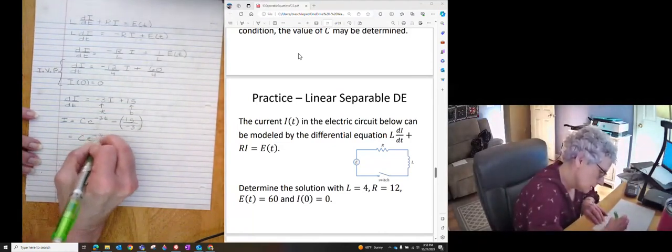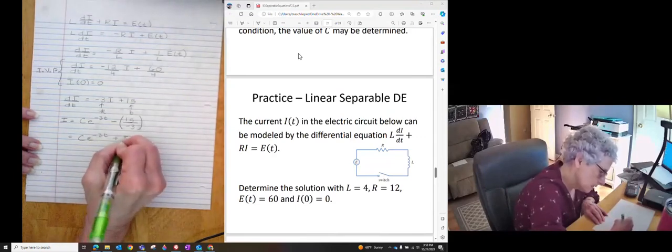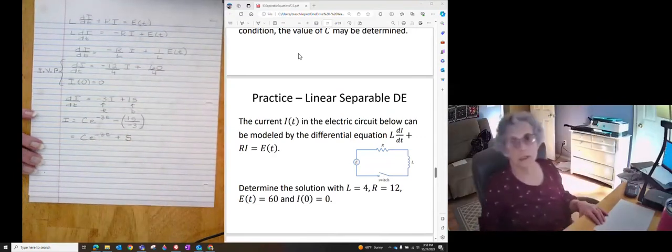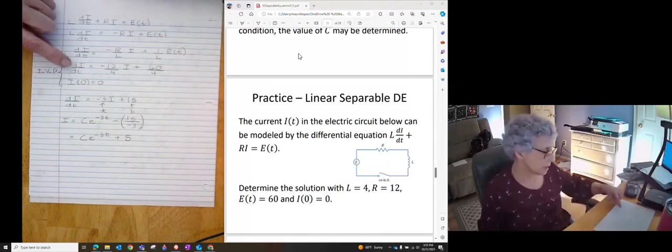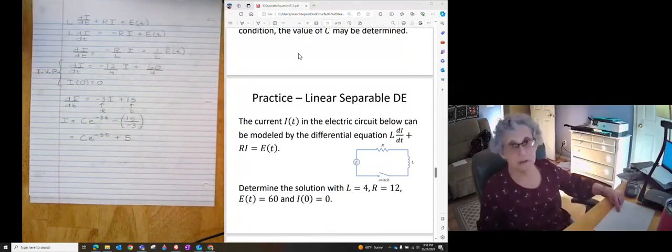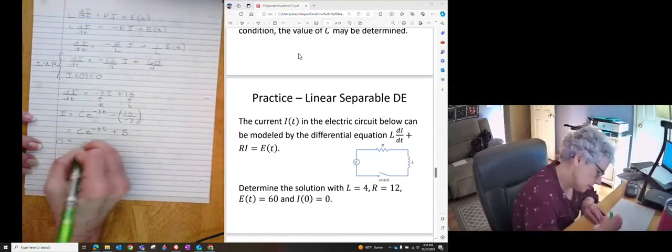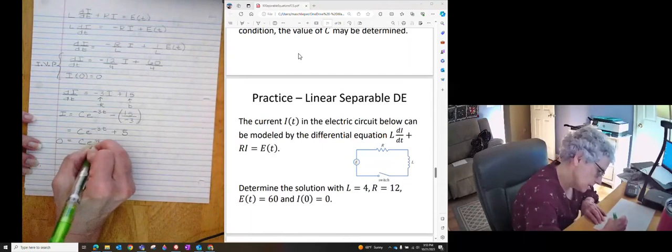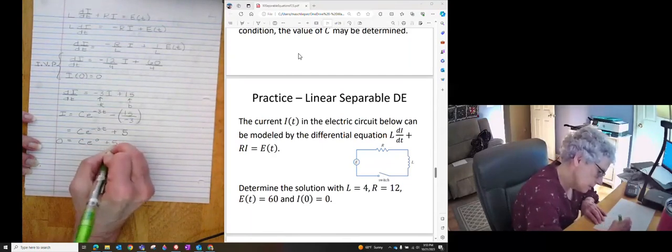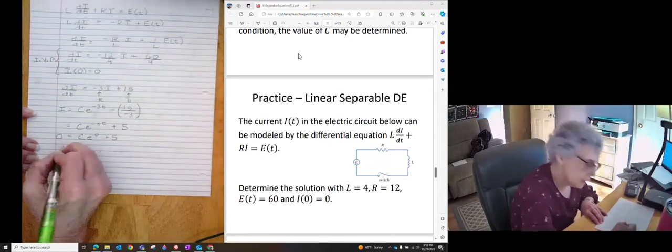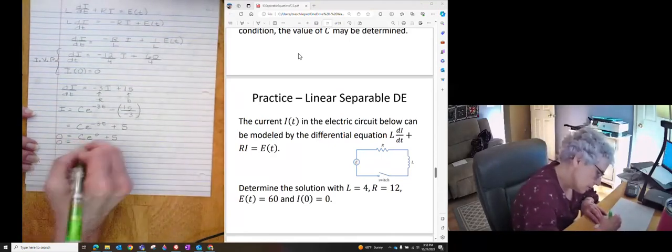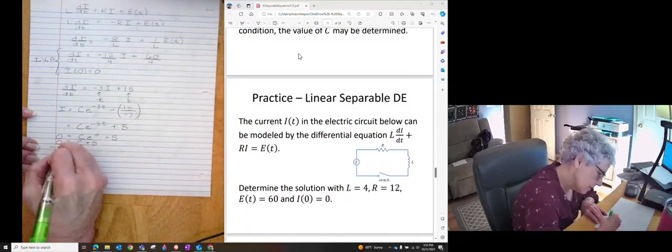So C e to the negative 3t plus 5. But we want I of 0 to be equal to 0. So 0 needs to be equal to C times e to the 0 plus 5. So 0 equals C plus 5.